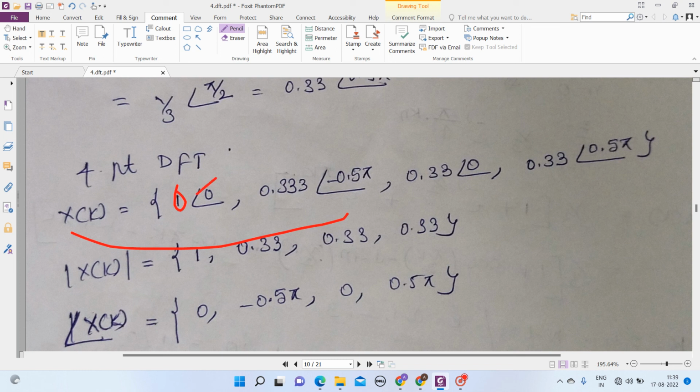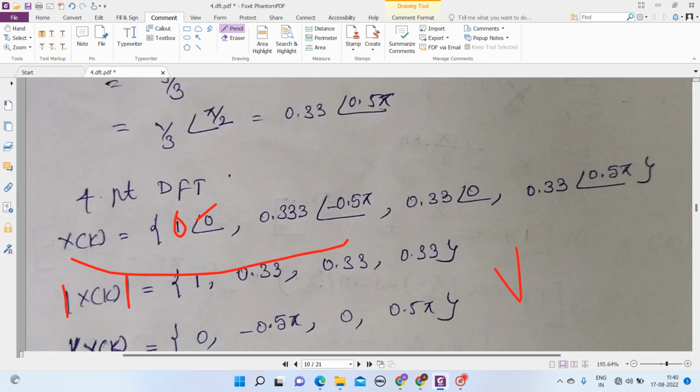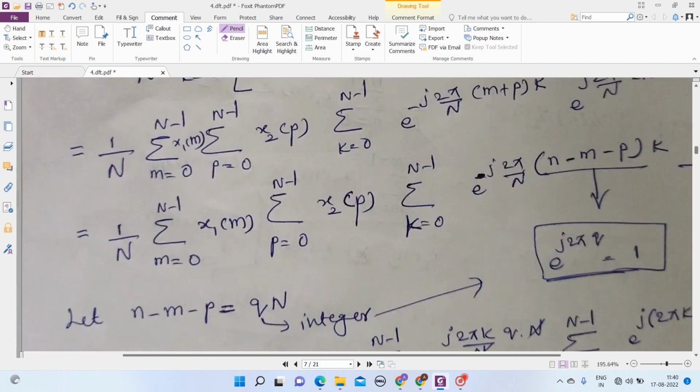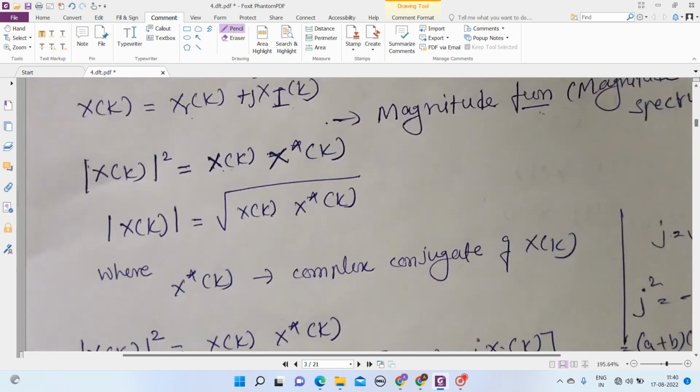Here we are representing the magnitude like this. Magnitude of X of k, you know very well the equation of magnitude of X of k and phase angle of X of k. How will you find the magnitude of X of k? I have that equation with me. It is here.